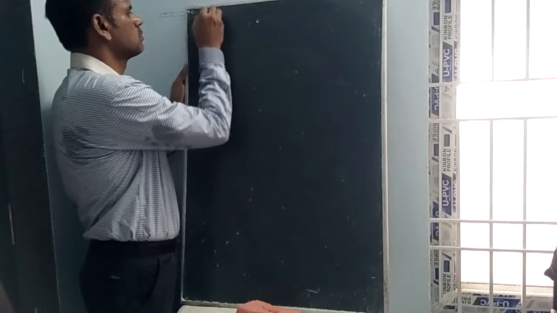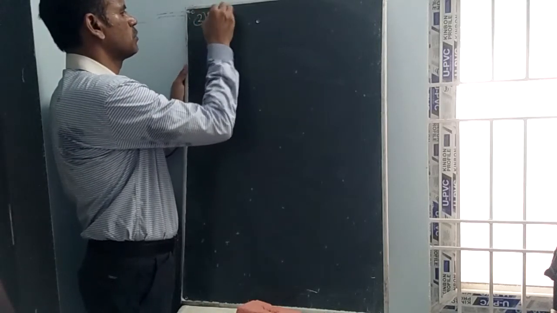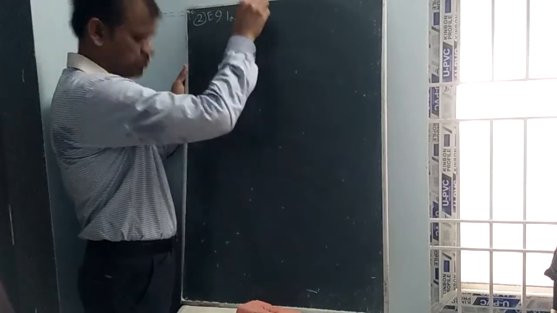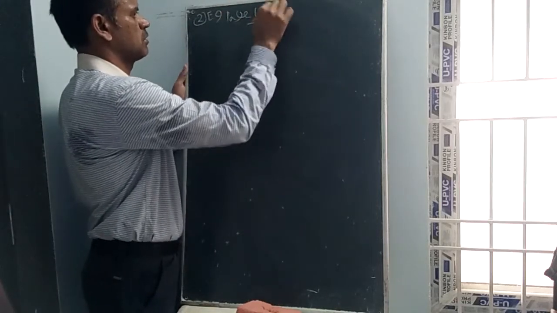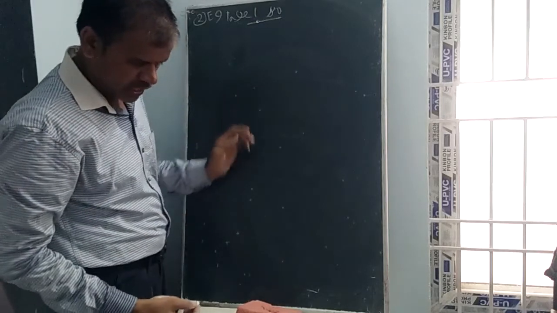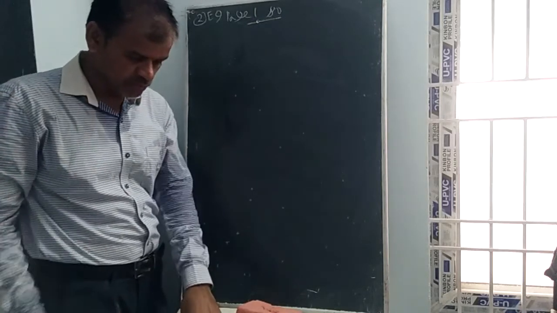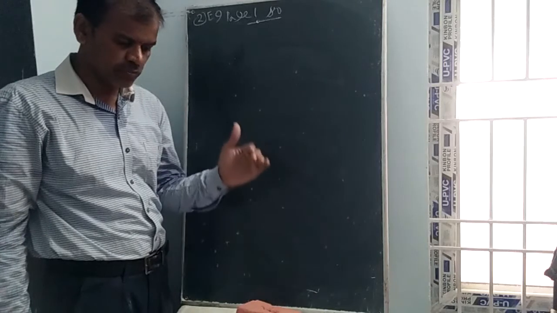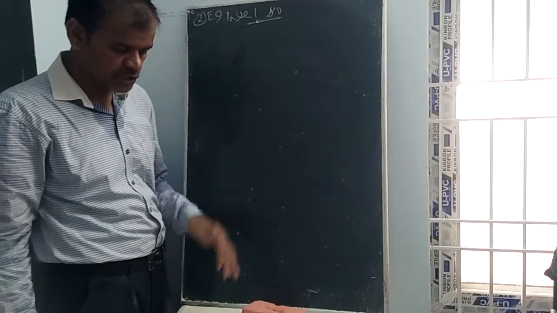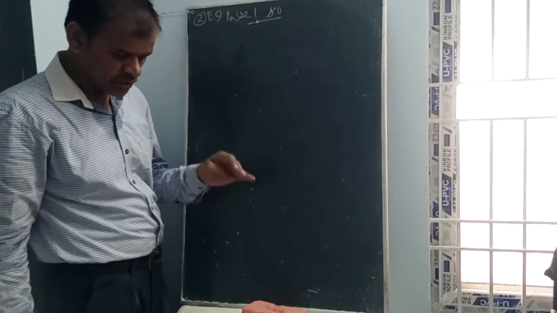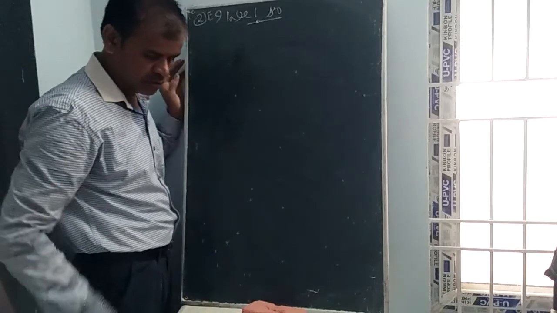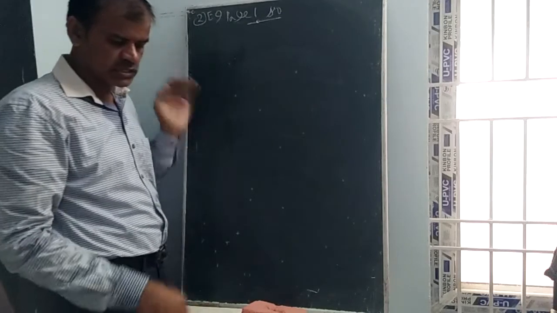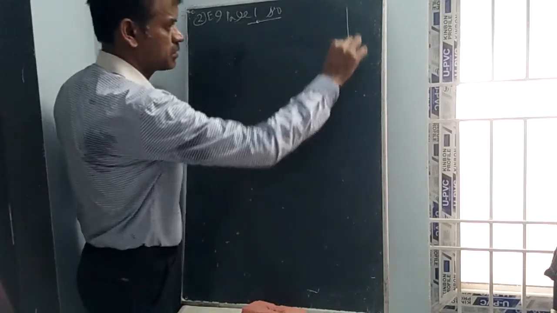Example 2. Worked example 2, page number 180. The angle of elevation of the top of a tower from the top and bottom of a building of height h are 30 degrees and 45 degrees respectively. If the tower and building stand on the same level, what is the height of the tower?